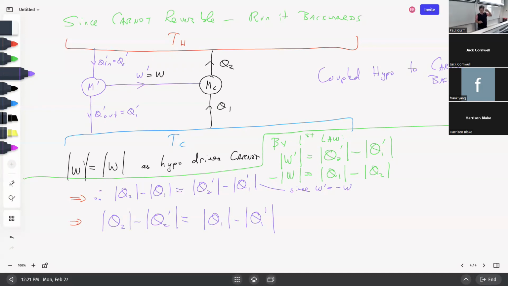So it's telling me that the difference between the heat coming from the hot bath to hypo, the difference between that and the heat going back up from Carnot is the same as the difference between the heat that hypo is spitting into the cold bath versus the heat coming up from the cold bath in Carnot. Okay? Again, looks innocent. It's not.